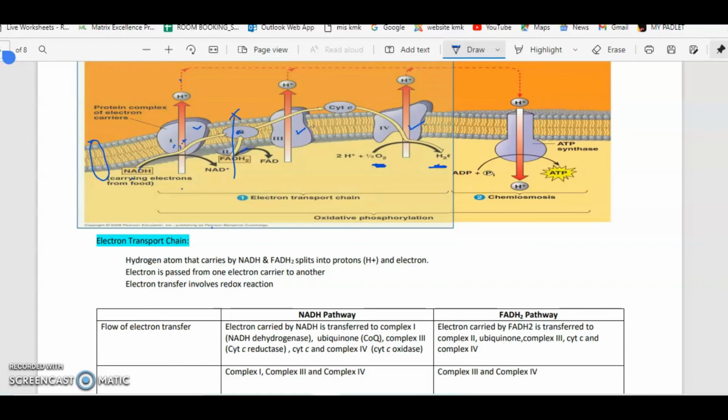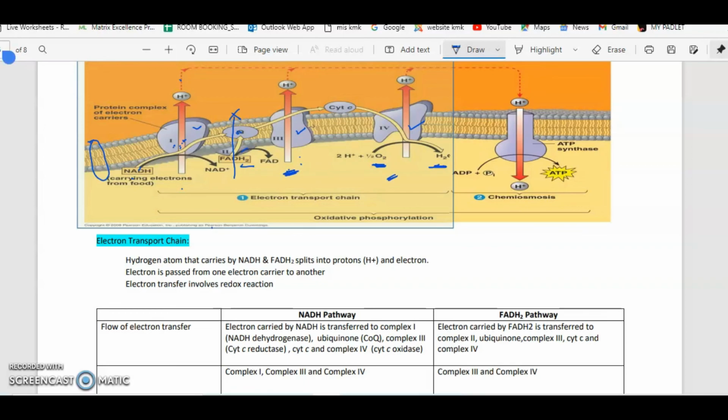Okay, and then the cytochrome C will transfer electron to complex 4, complex 4 reduces, cytochrome C oxidizes, and complex 4 will transfer electron to the final electron acceptor, which is oxygen, and then this oxygen reduces, complex 4 oxidizes. So when complex 4 oxidizes, it will pump hydrogen ion from matrix to intermembrane space. Okay, so for FADH2, only 2 complexes will pump hydrogen, which are complex 3 and complex 4.